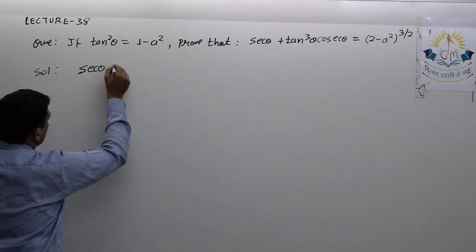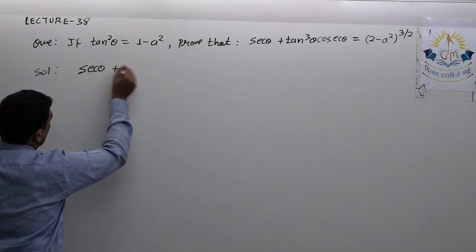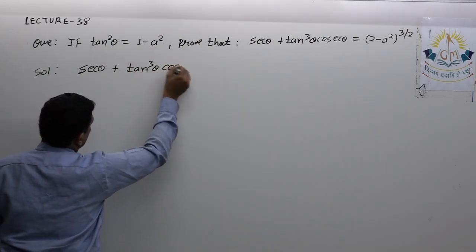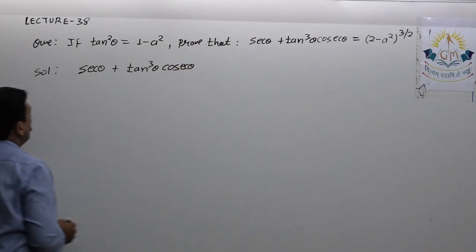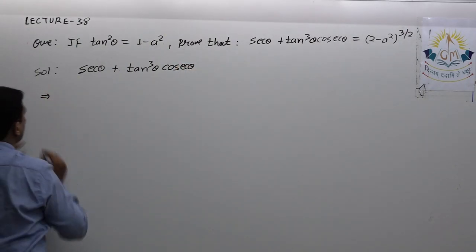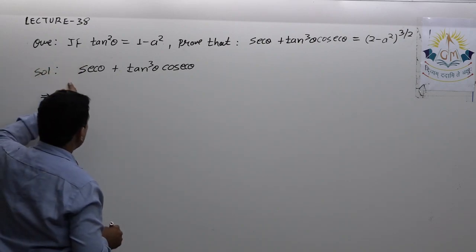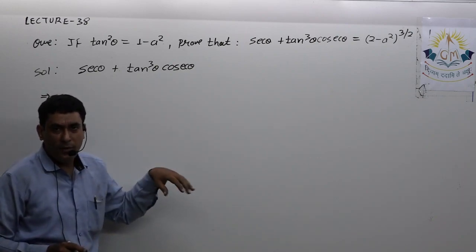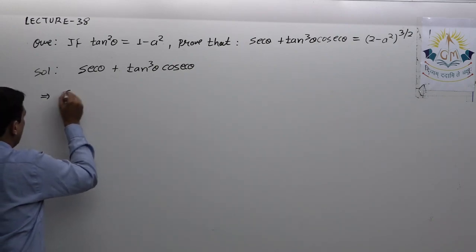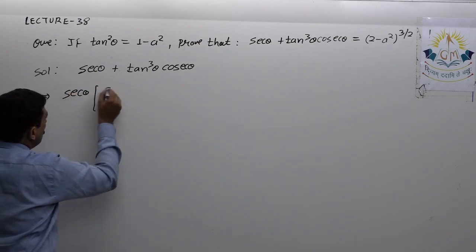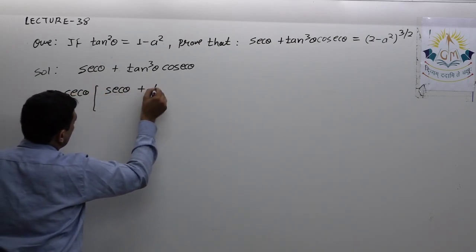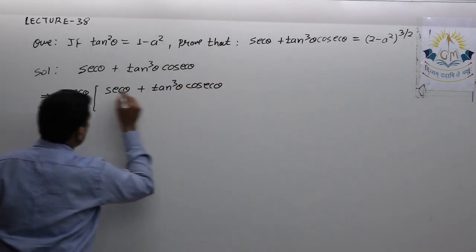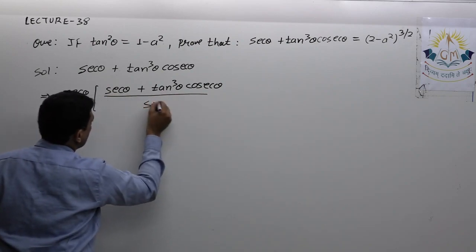Here I have the expression sec theta plus tan cube theta cosec theta. So what I will do is I will multiply and divide the expression by sec theta.